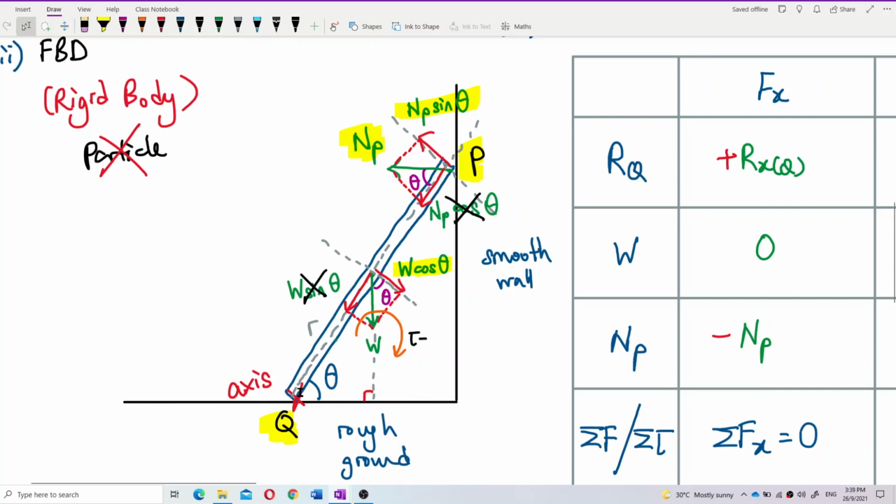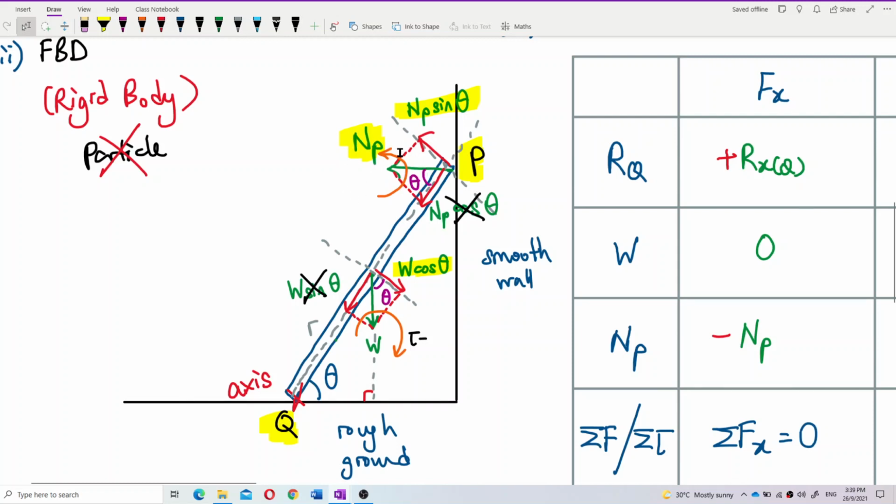anti-clockwise. Imagine you use a pen here, fix a point here, and then push it in this direction. This beam will rotate anti-clockwise. From the axis of rotation, follow the distance, follow the force.